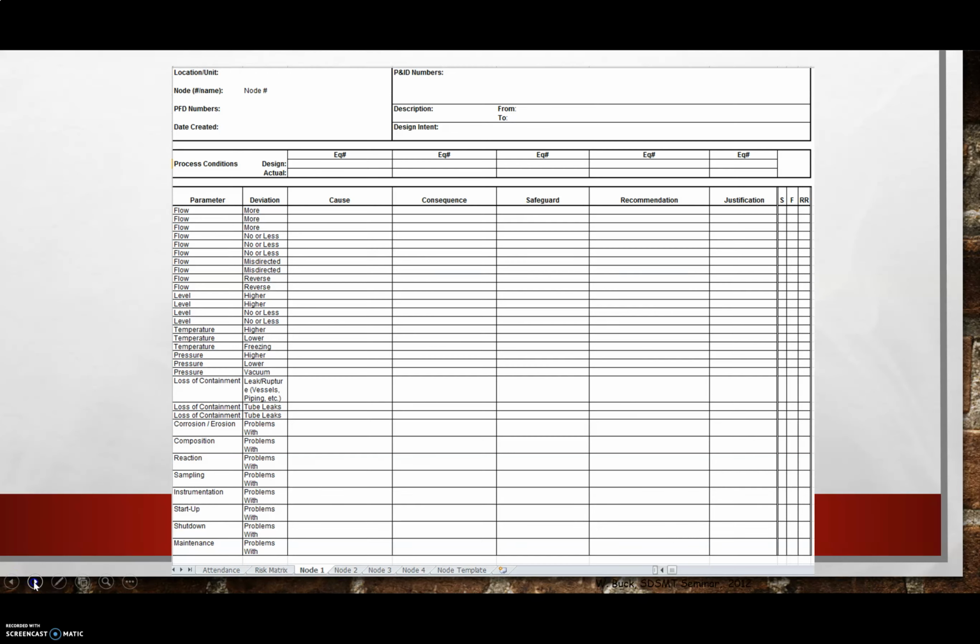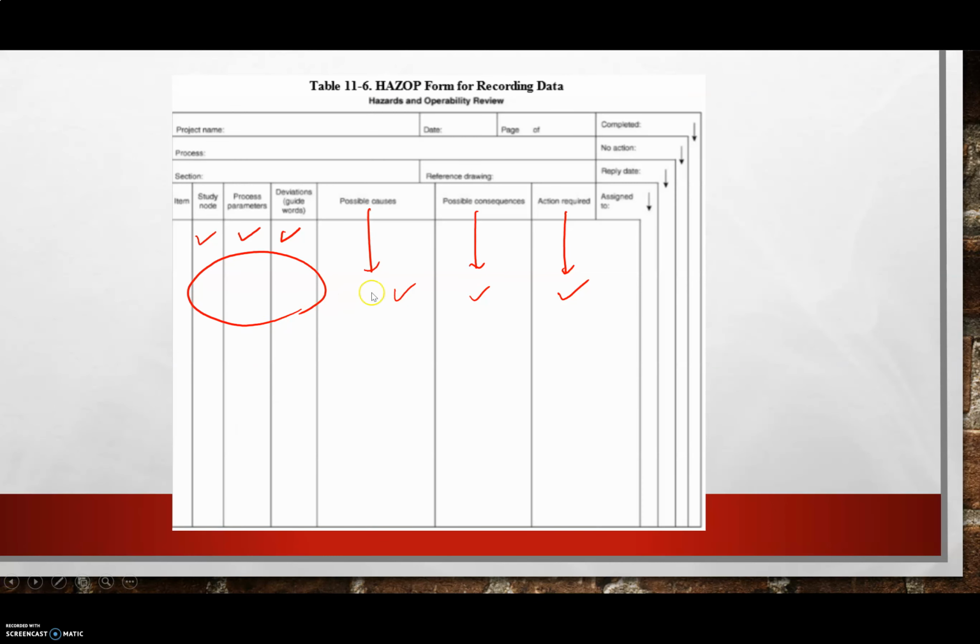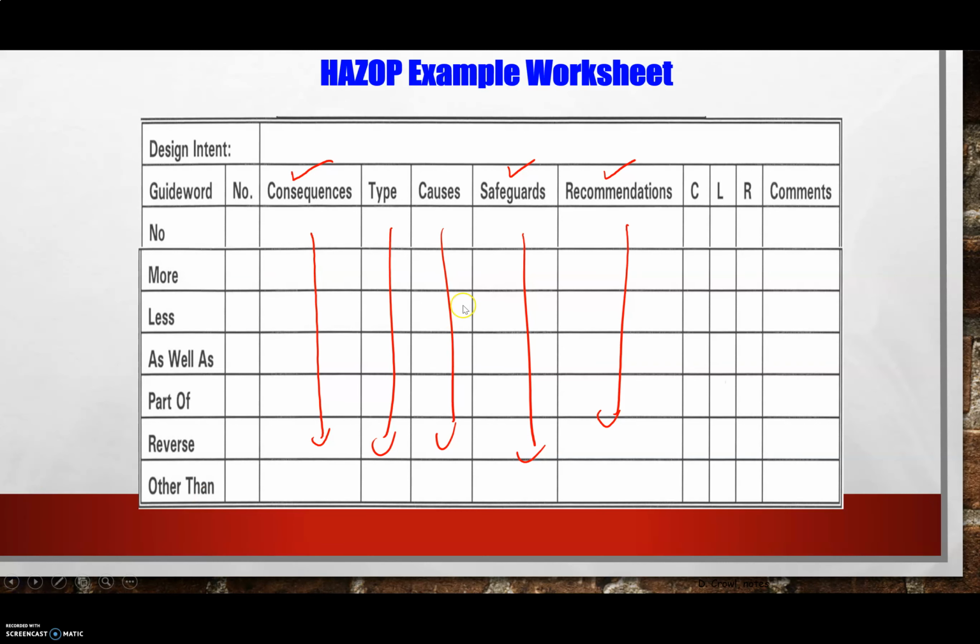We will look at another example. You have the flow parameters, deviation, cause, consequence, safeguard, recommendation, and justification. So basically, this depends on you how you develop your HAZOP table. This one has consequences, type of hazard, the causes, safeguard, recommendation, and they also have a comment and some clearance.